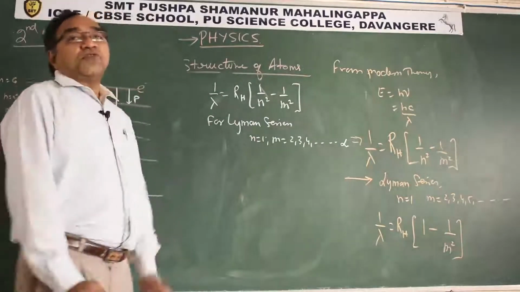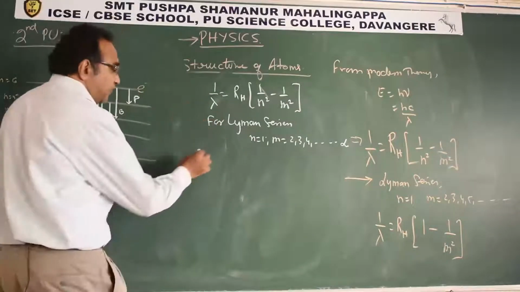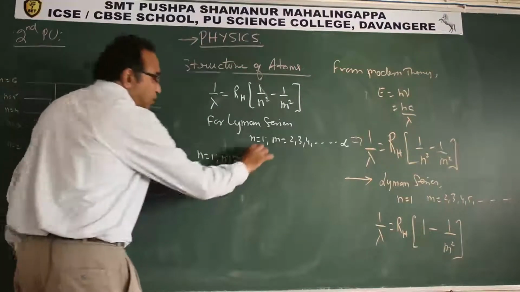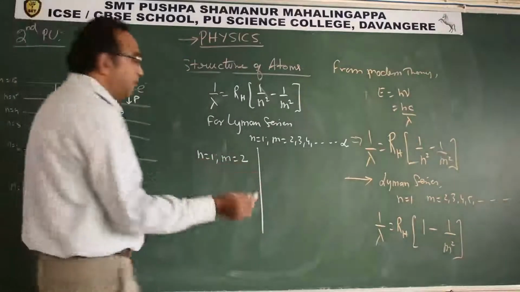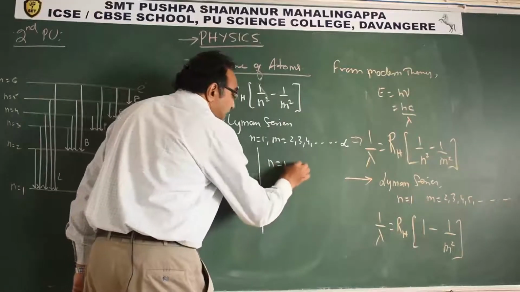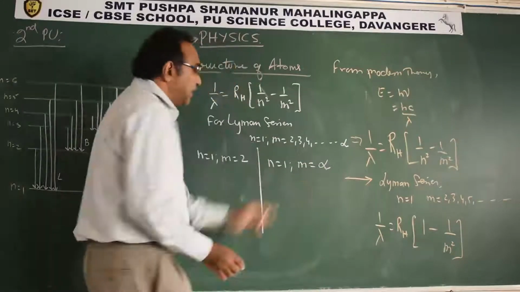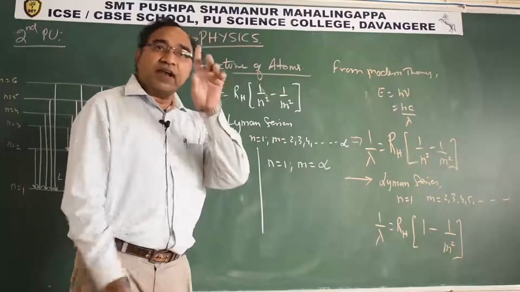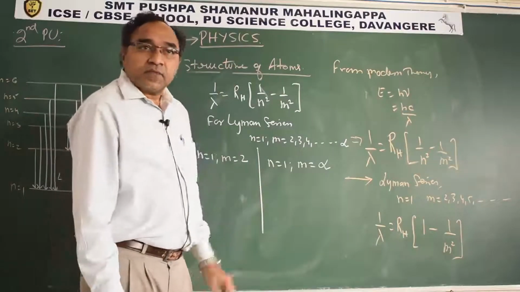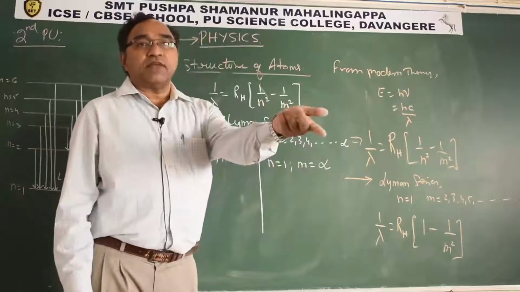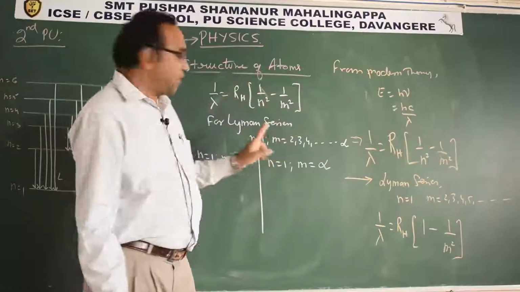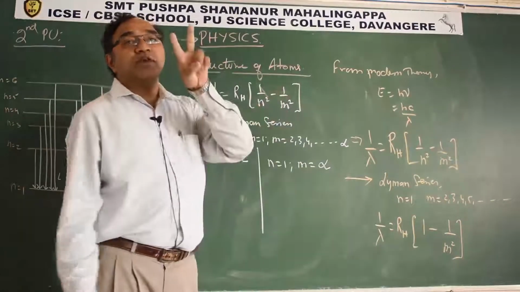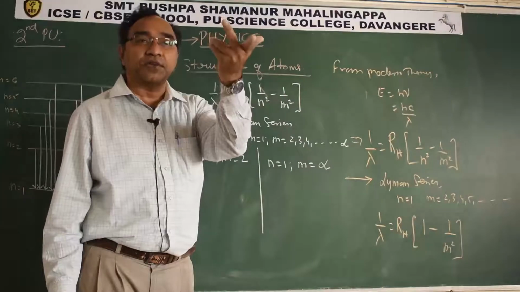See, two options you have. First option I am taking, n is 1 and m is 2. The second option I am taking, n is 1 and m is infinity. In m we have range from 2 to infinity, na? If m is 2, we will get one wavelength, and if m is infinity, I will get one more wavelength. Two wavelengths we will get, na? Because n is constant. If I change the value of m, I will get two wavelengths. Let us see which one is longer and which one is shorter.